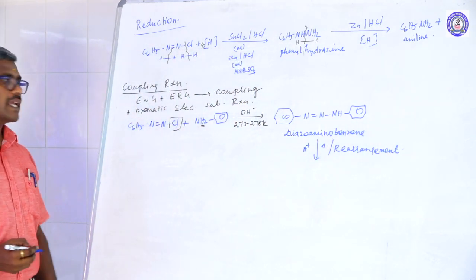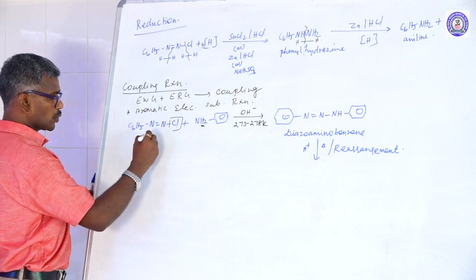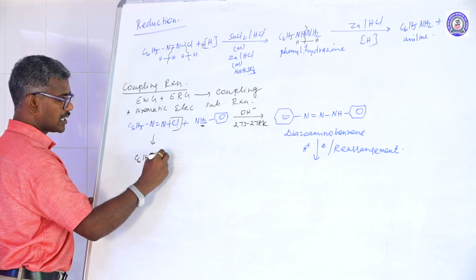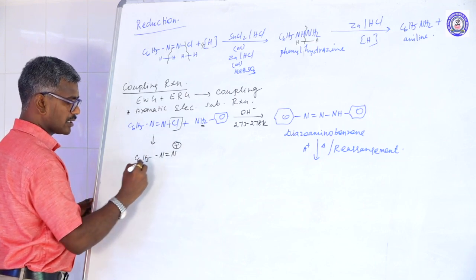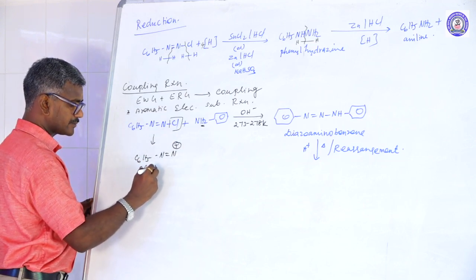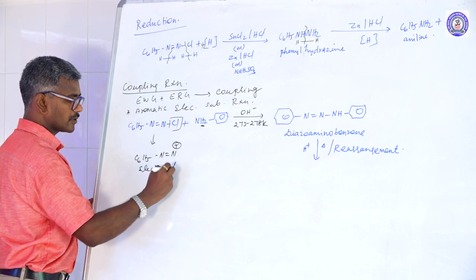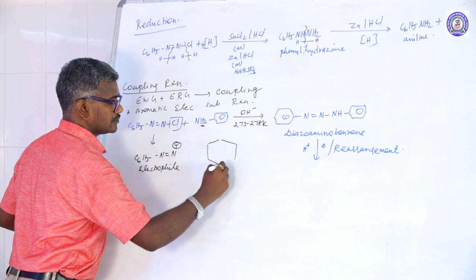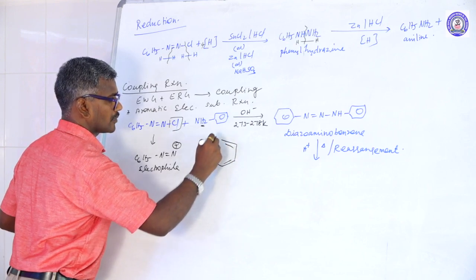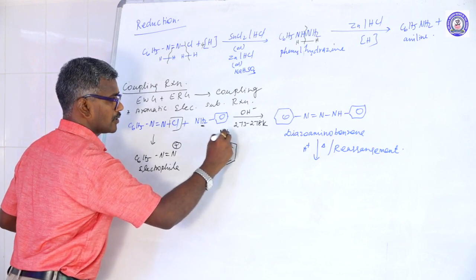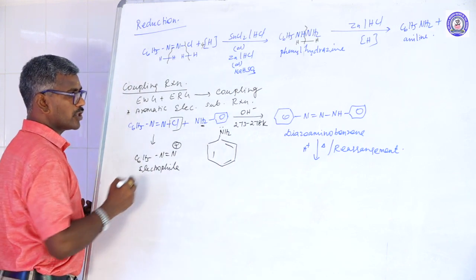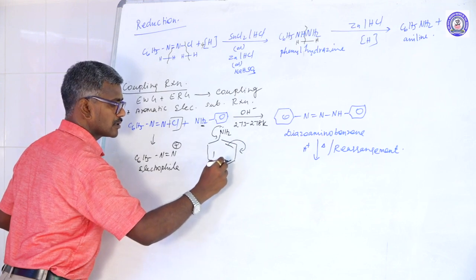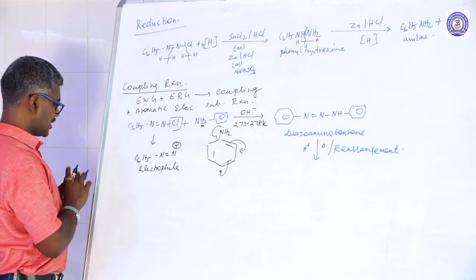How does it undergo rearrangement? This group will give C6H5 N double bond N positive charge. This acts as an electrophile. Here the nitrogen is stabilized by resonance.